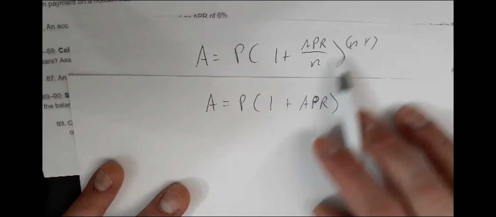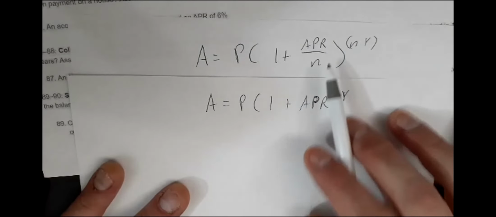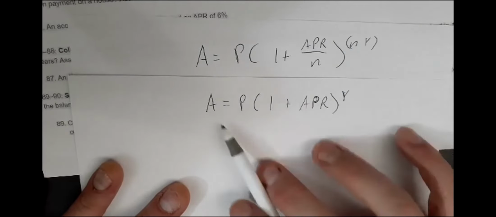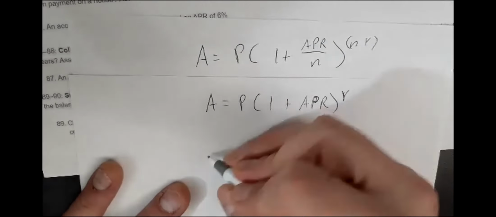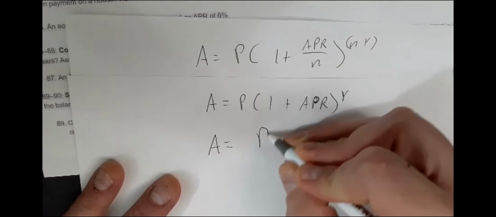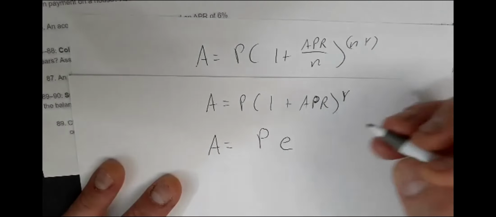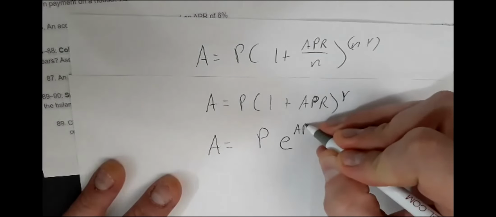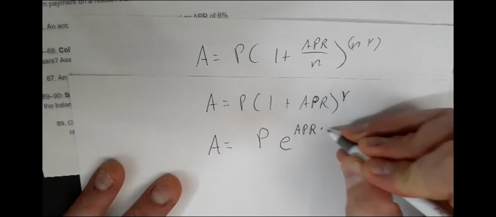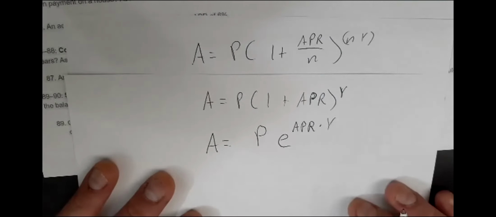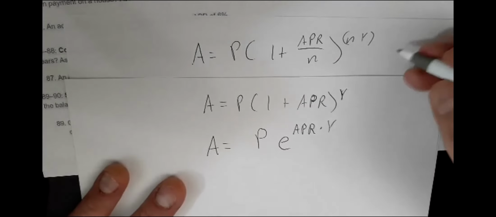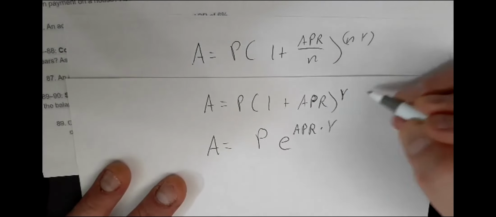This is actually the same formula if we just let N be 1, right? But they give you this formula to start you out with. And the other one was the PERT formula, P equals E to the RT, which is APR and Y in our book. And this was continuously compounded. So this is compounded N times per year. This is once per year.